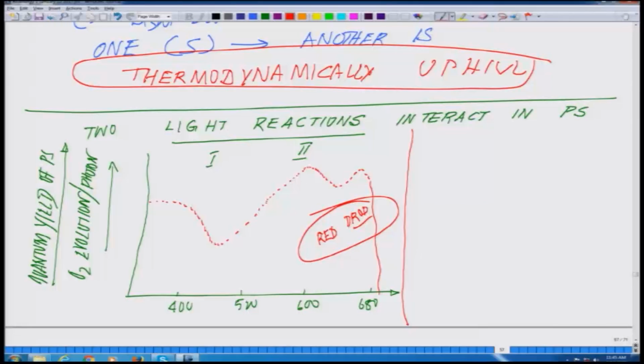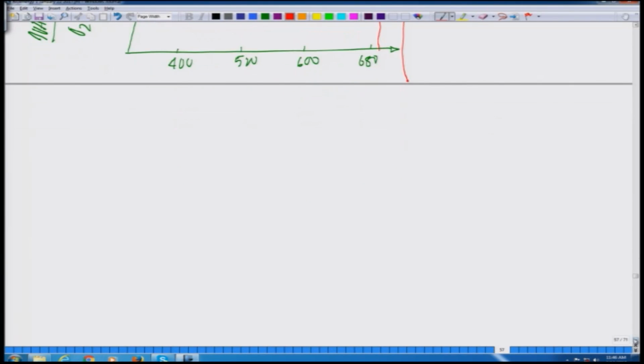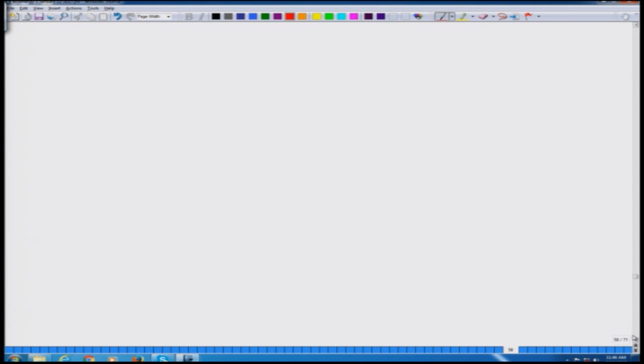Let me go down to the next slide. To summarize, this will make everything clear. Here you have photosystem 1, PS 1, and you are shining light on it of wavelength less than 700 nanometer.